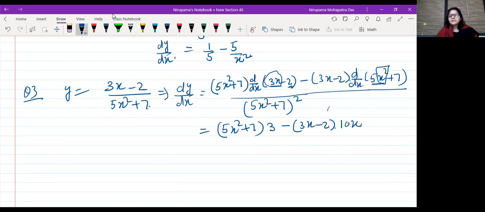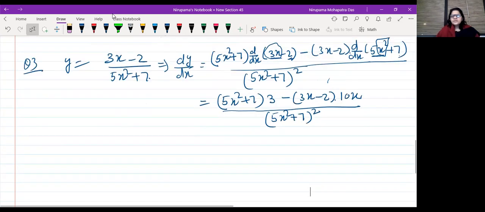Derivative of 7 is 0. Whenever you practice a lot, automatically you will be able to solve the question very quickly. Now minor simplification is required here.